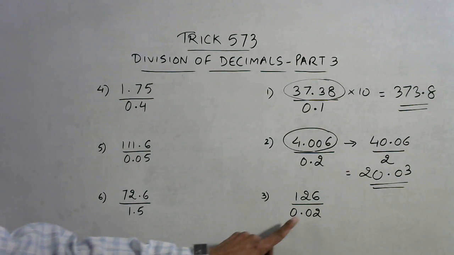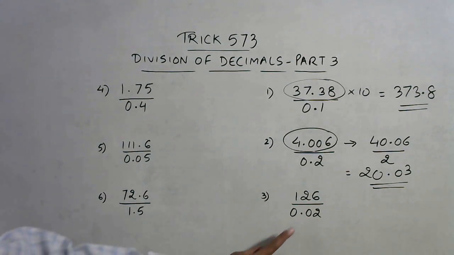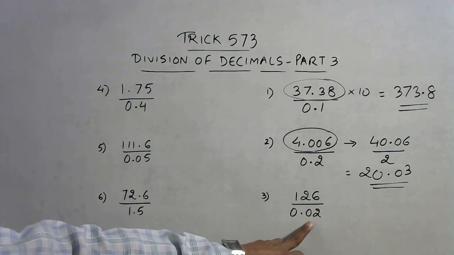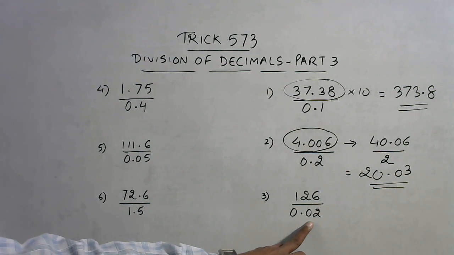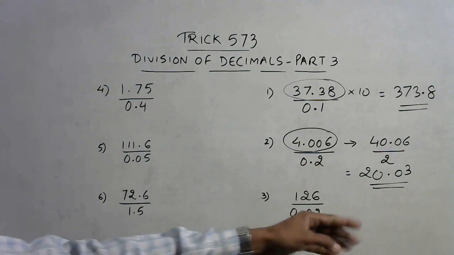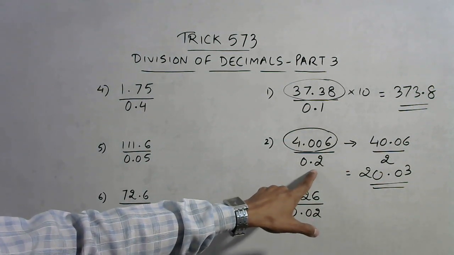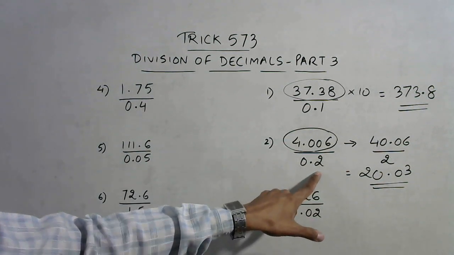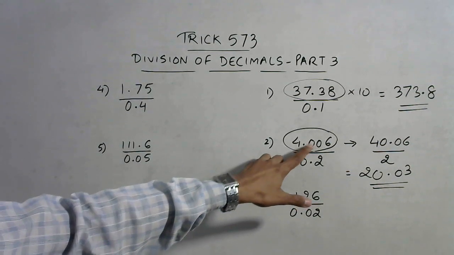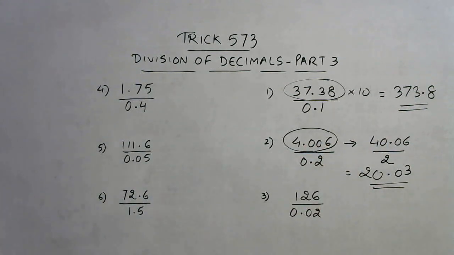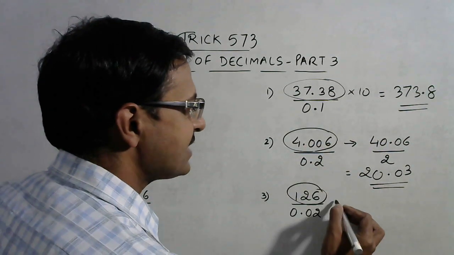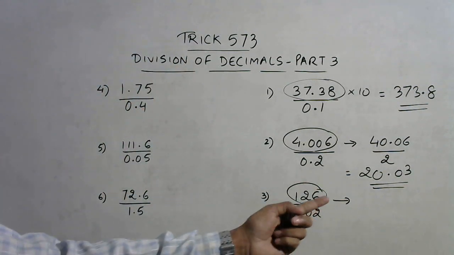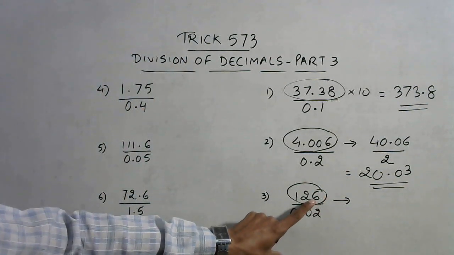Let's see 0.02. Now see, we have two digits after the decimal place here. So whenever we have two digits after the decimal place, we need to shift the decimal two digits towards the right side. Here we have only one place, that is 2. So I am going to shift this decimal one digit towards the right, two digits towards the right, but here we don't have a decimal.